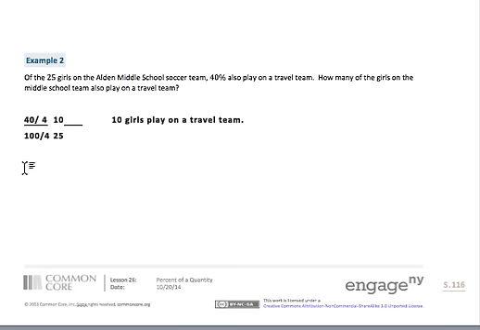Next, we have to represent this with a diagram. And we'll use that double number line diagram again. It seemed to be a pretty good choice before. Since our numbers in this example are very similar to our numbers in example 1, we can have the same intervals from 0% to 100% and from 0 to 25, since we still have the same number of girls on the team, 25.